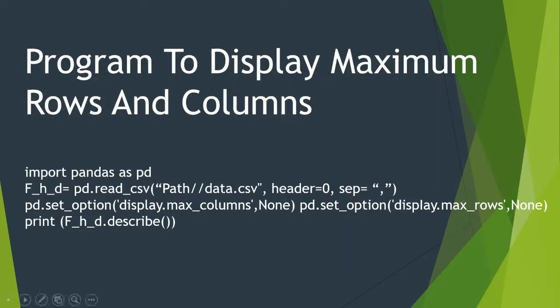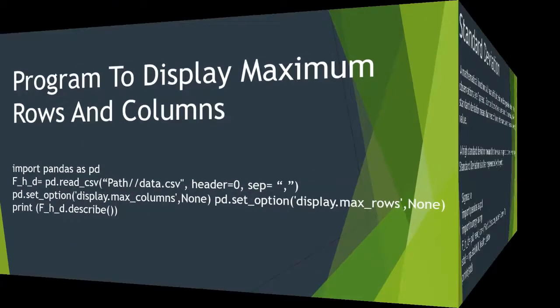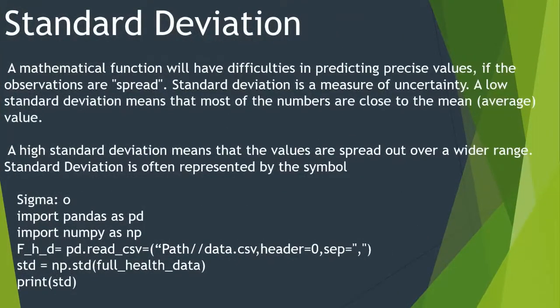So we are using the describe function here, and then to display the maximum columns, we are using set_option here.